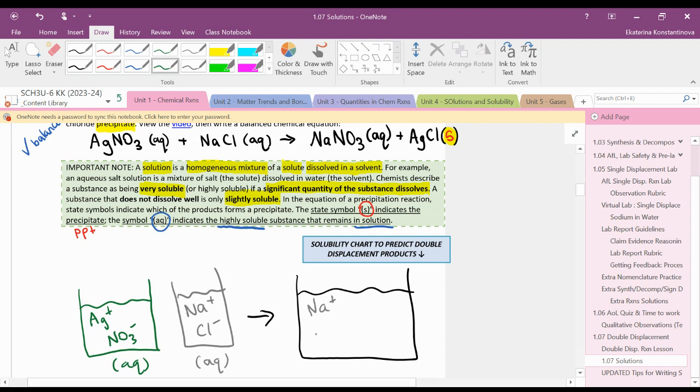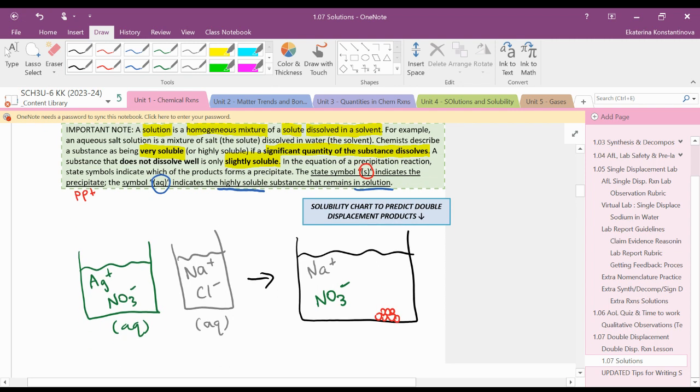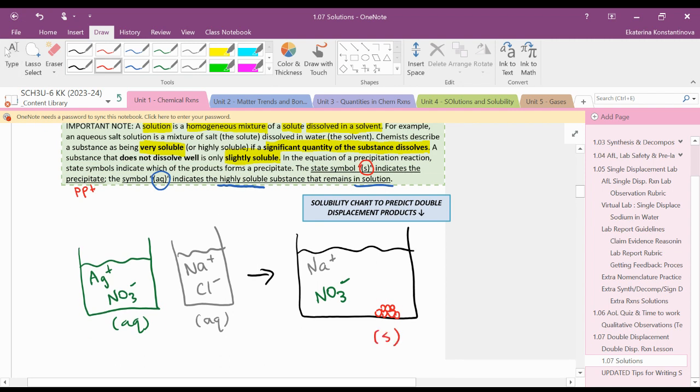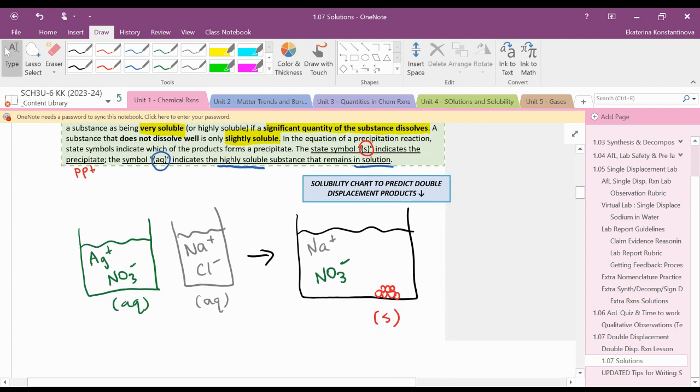So does your nitrate ion. But all of a sudden you'll observe some sort of solid forming, and that solid is the precipitate of AgCl.